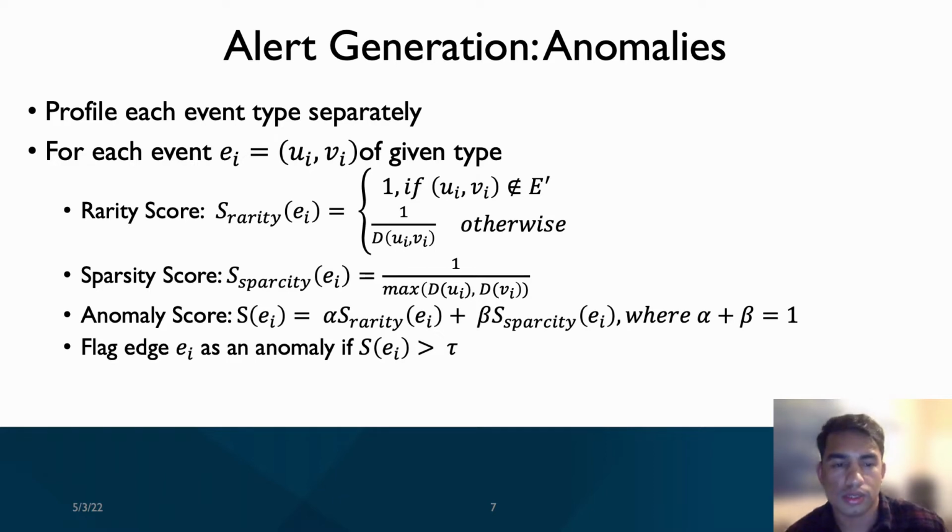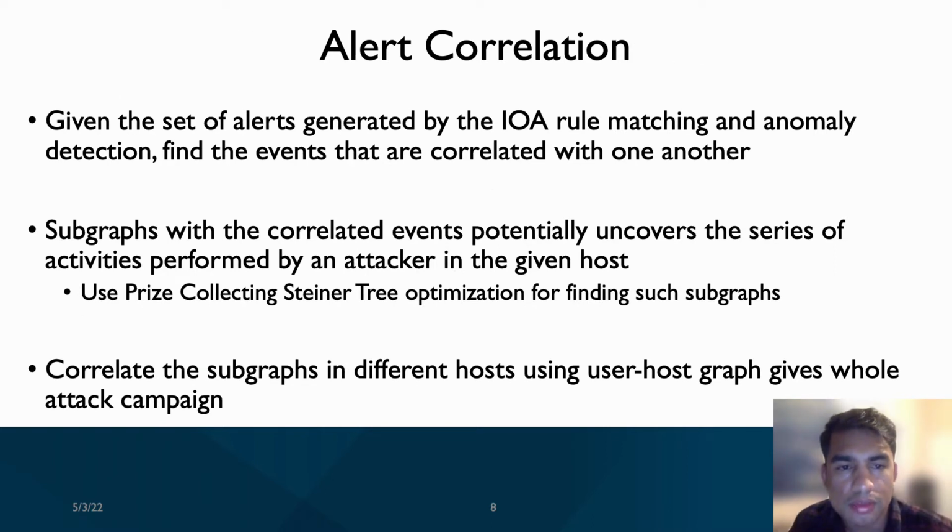Once we have this rarity and sparsity score, we can combine them linearly to come up with an anomaly score. If this anomaly score exceeds a threshold specified by the user, then we flag this as an anomaly or an alert.